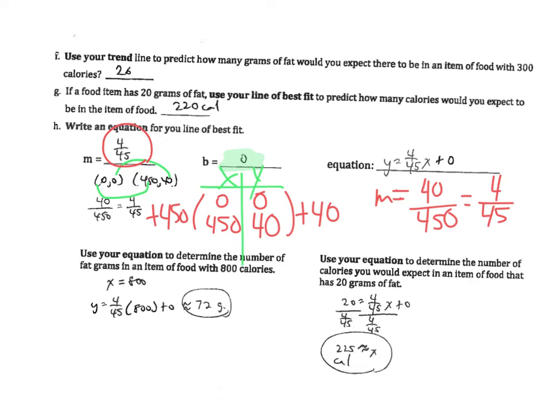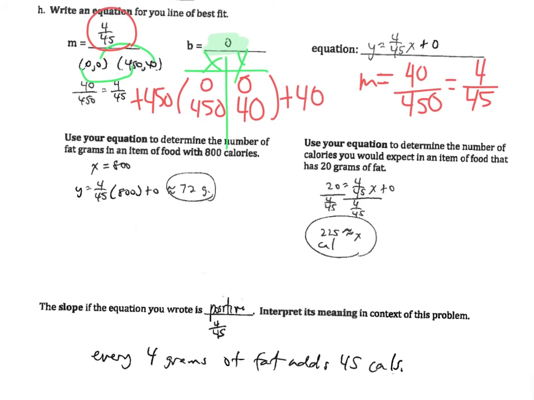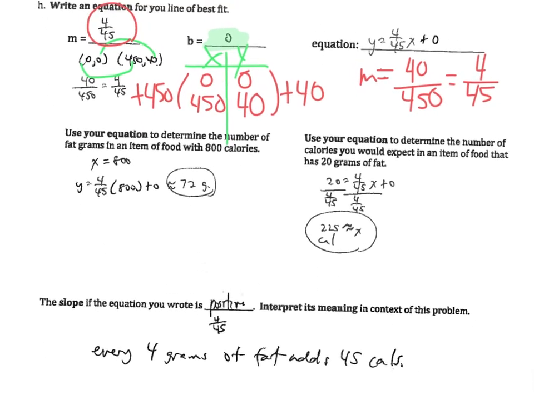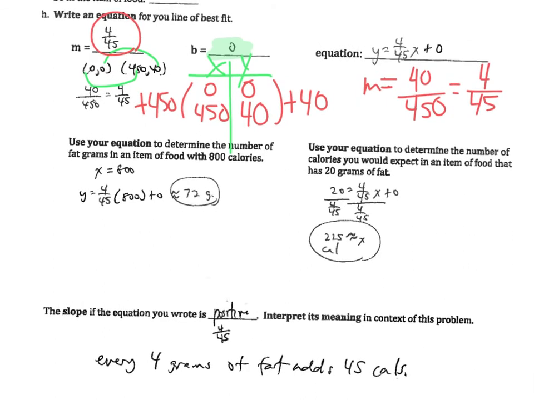So then what's my equation? y equals mx plus b. So m goes there, mx plus b, there's the b, there it is, okay? So here's my equation right there. Now, in the last part, I'm using that equation to make some predictions. Down here, it says use your equation to determine the number of fat grams in an item of food with 800 calories.